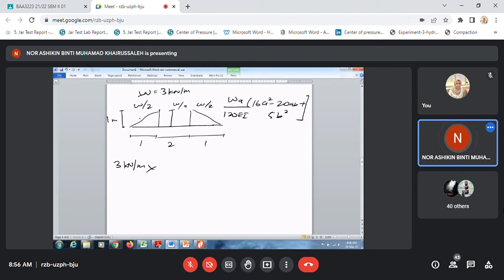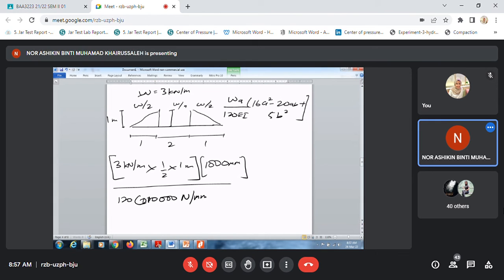Times with the, because of triangle, 1 meter. Okay, times with the A. So your A now is 1 meter. So I just change it to millimeter. 120 EI, 1360 times.